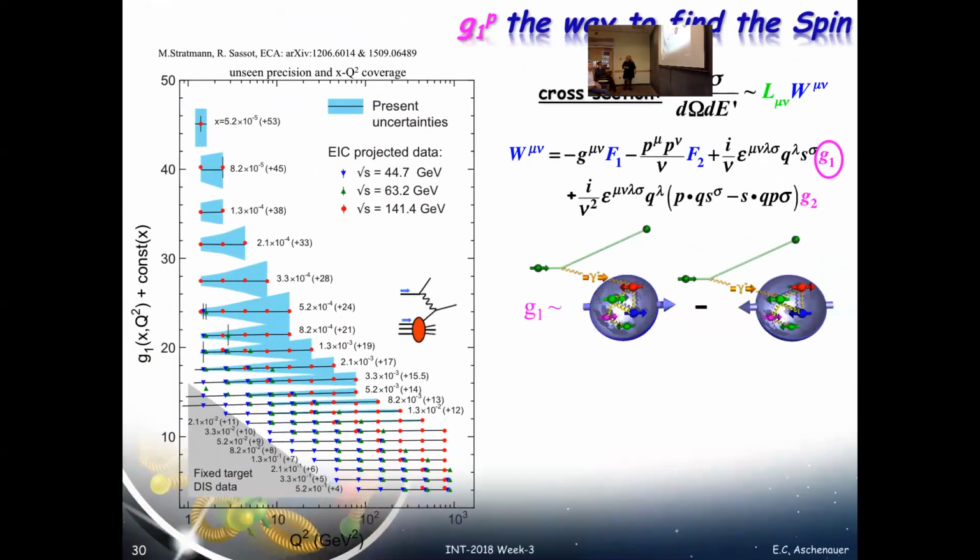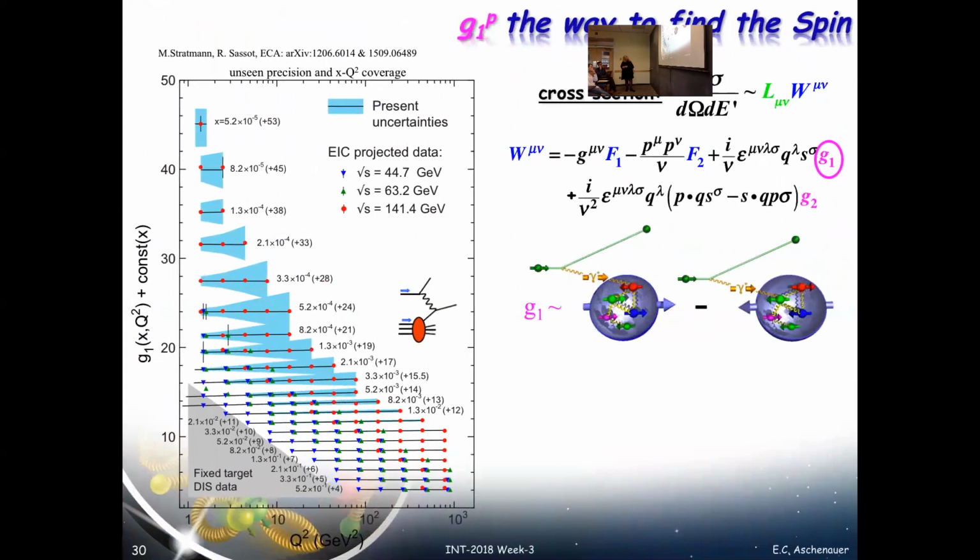So that is what we have been doing. We have been simulating all of this for different square root s, which are the different colors here, as a function of q squared and x, the same as the Hera plot, the scaling violation plot. That is where the fixed target data sit. So it's clear they will not help you in addressing where the big uncertainties are.